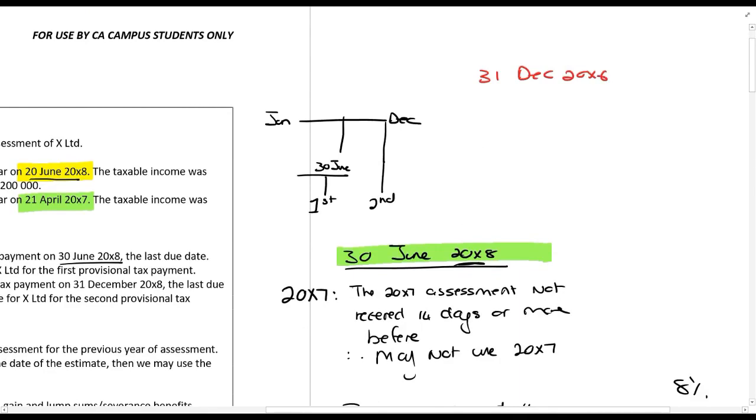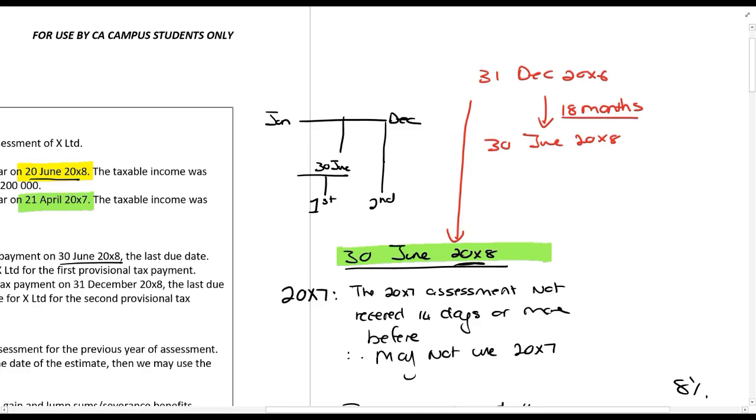You first compare that to the date of this payment, to 30 June 20X8. Right. So how long ago is that? I want you to see that is exactly 18 months. 18 months is 1 year and 6 months. December 20X6 to December 20X7 is 1 year. Until the 30 June is 18 months.